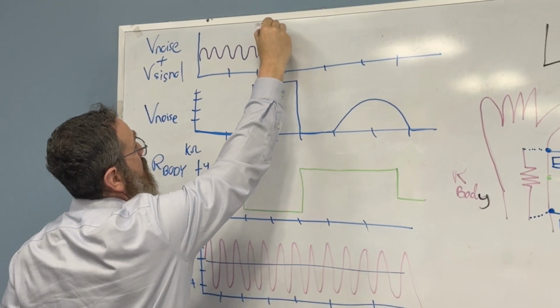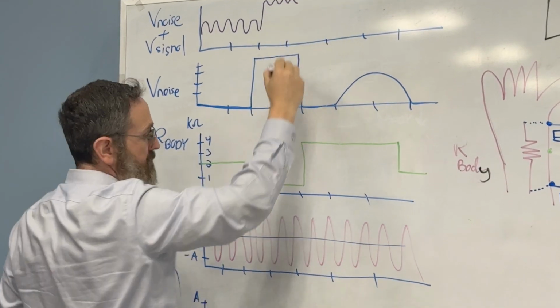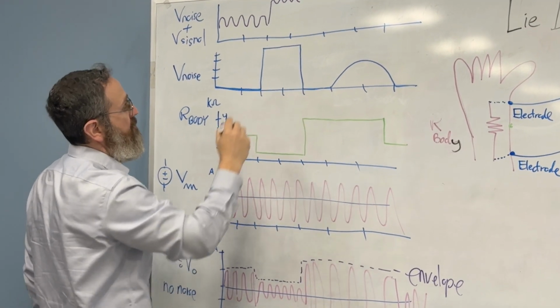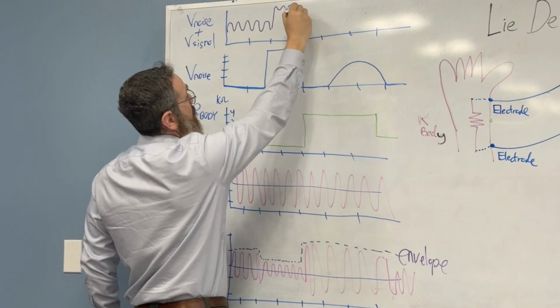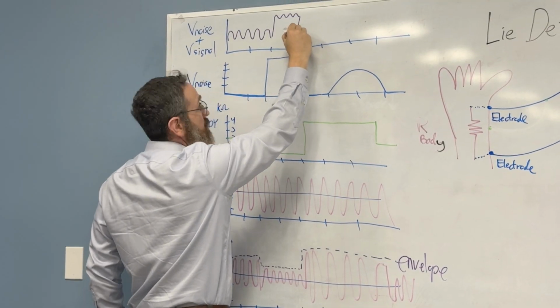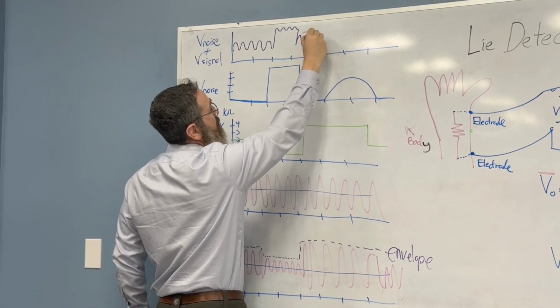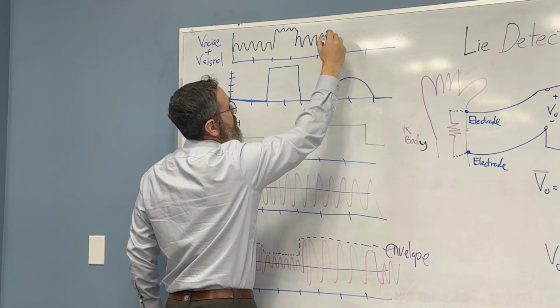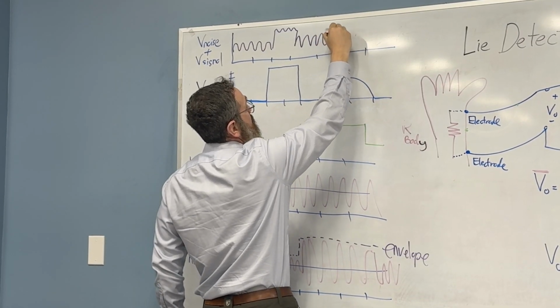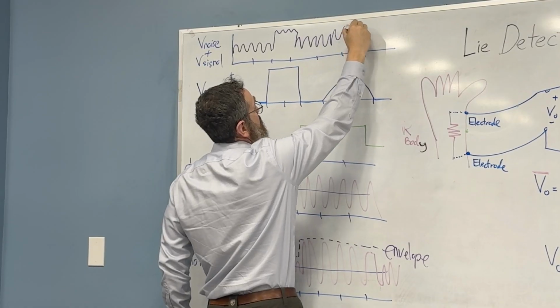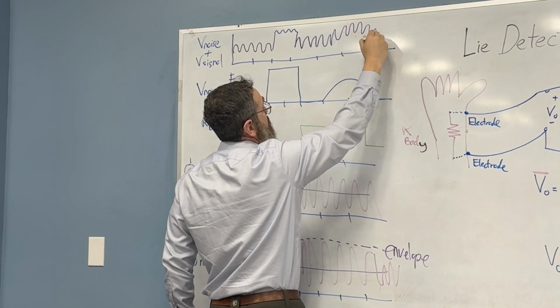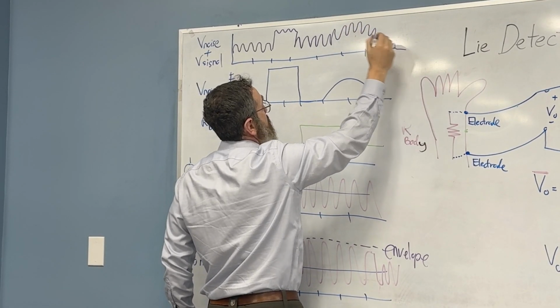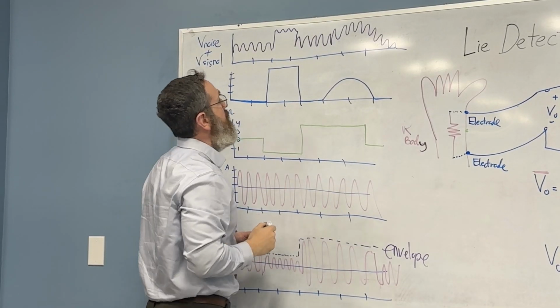This could be a little wiggle. Did I happen to align it? Fine. And then I'm going to drop down here. I'm going to do a big wiggle. And then here, the wiggle is going to start to take this little ride up and down. I didn't draw that great.